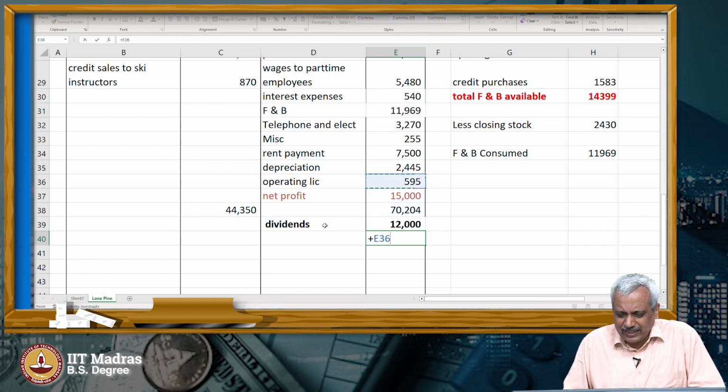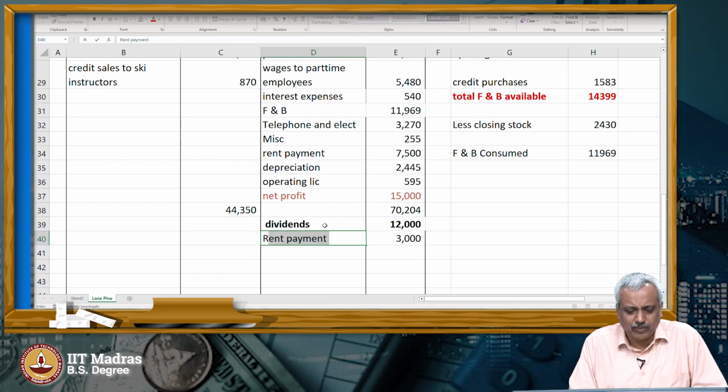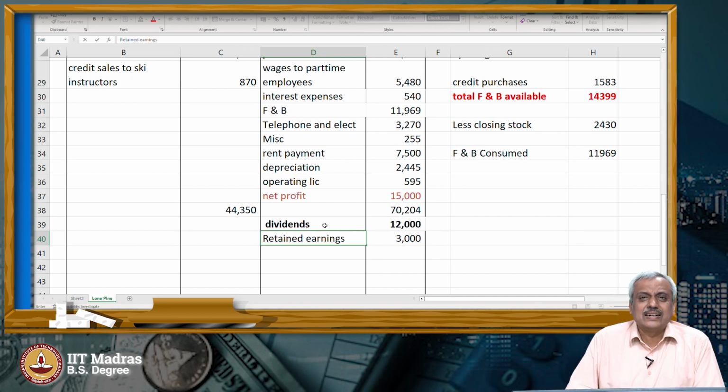Then what is the money left out of the profit? The money left is only 3,000, and that is what we call retained earnings. So what is retained earnings?